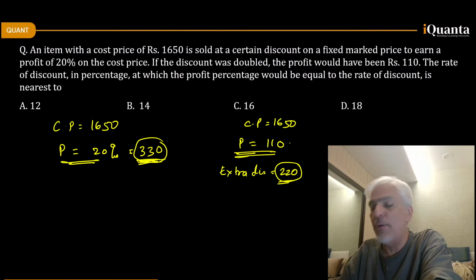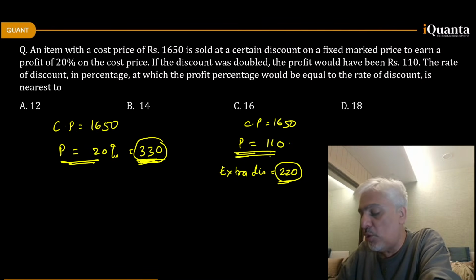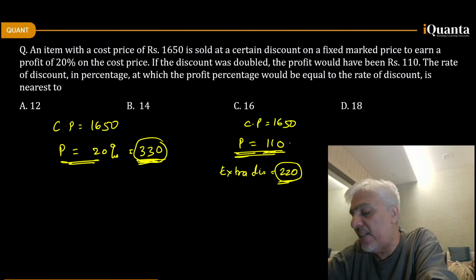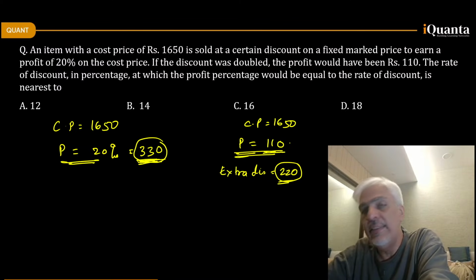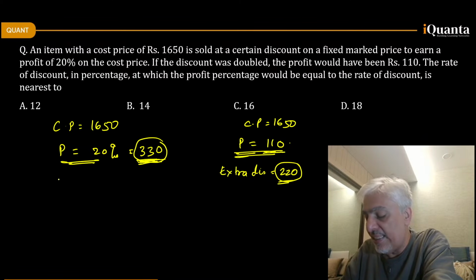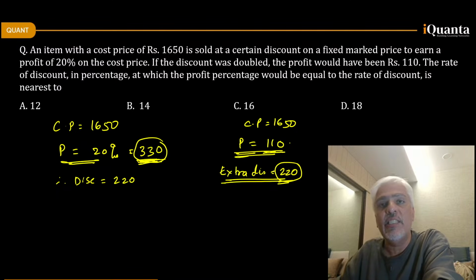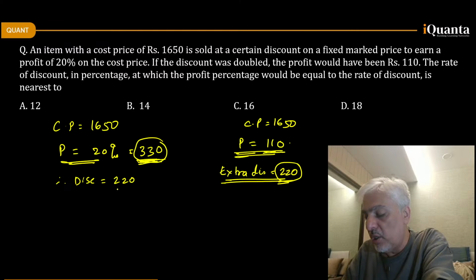Case 1, I was making a profit of 330. Case 2, I'm making a profit of only 110. That means the extra discount given was 220. Therefore here also the discount was 220 only, because this is the extra discount, because discount is double. So what was the mark price?